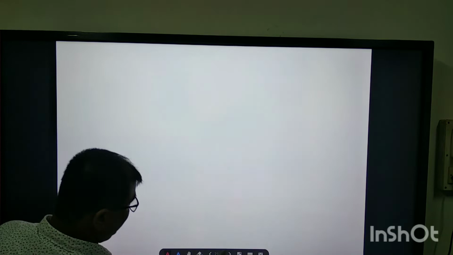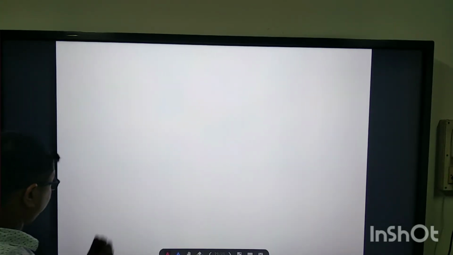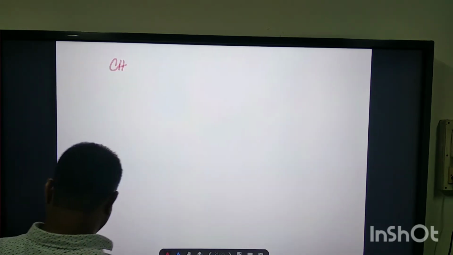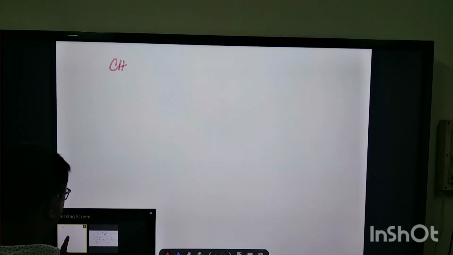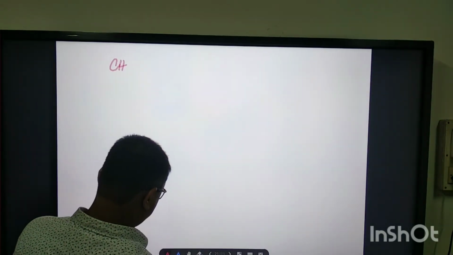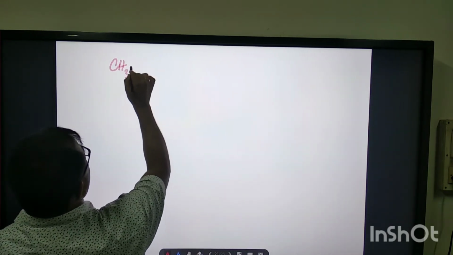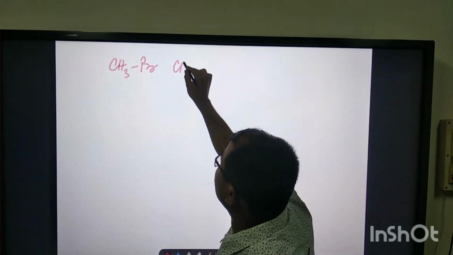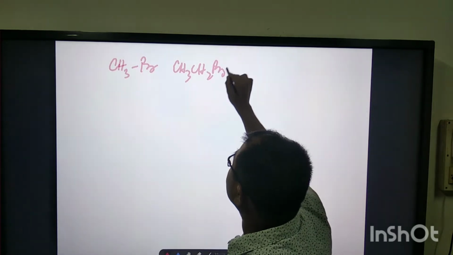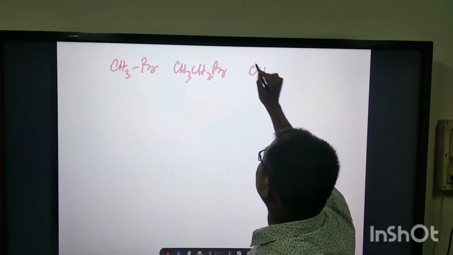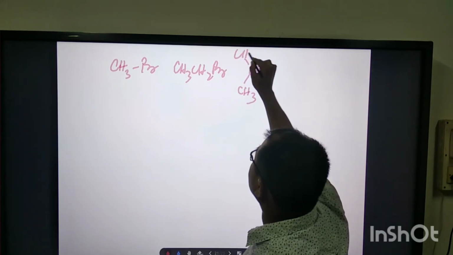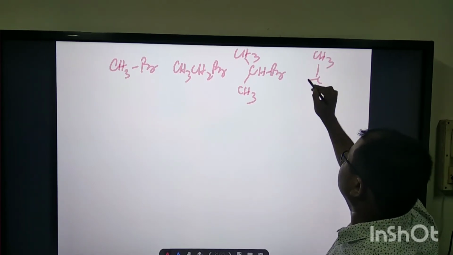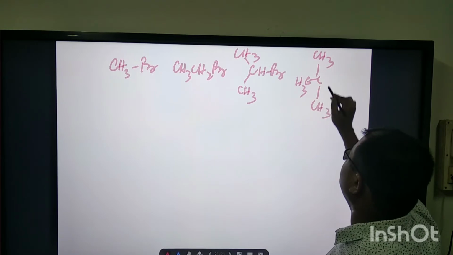Let me give an example. Suppose we take some alkyl halides: methyl bromide, ethyl bromide, isopropyl bromide, tertiary butyl bromide.